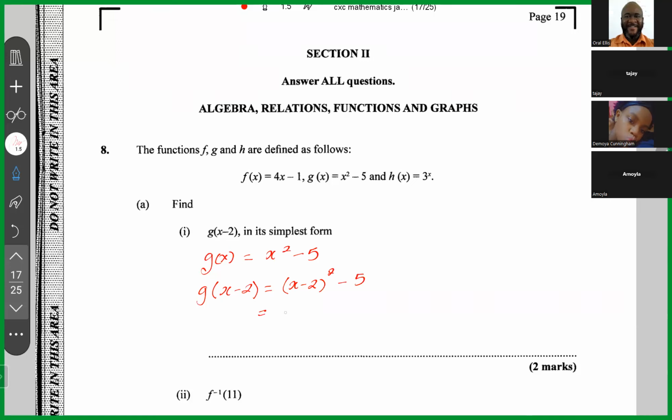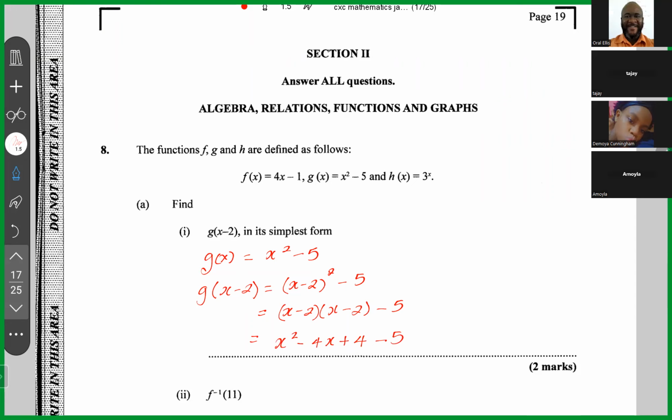X minus 2 squared means x minus 2 multiplied by x minus 2, then minus 5. When you square something, you multiply by itself. That's binomial expansion. And when you expand this, you're going to get x squared minus 4x plus 4 minus 5.